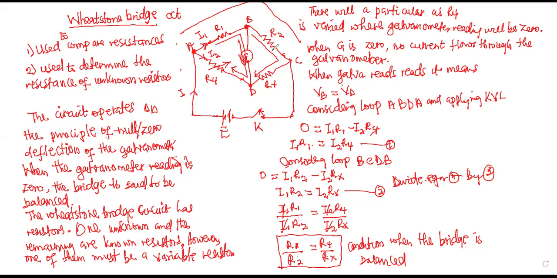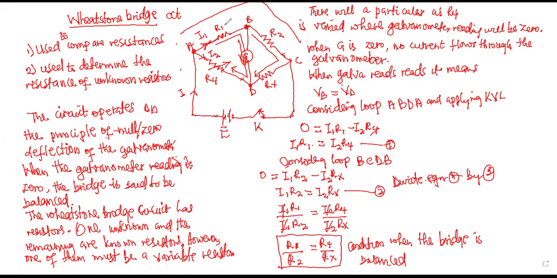So when the bridge balances, the ratio of the resistances in the left arm, R1 divided by R2, will also be equal to the right arm, R4 divided by Rx.